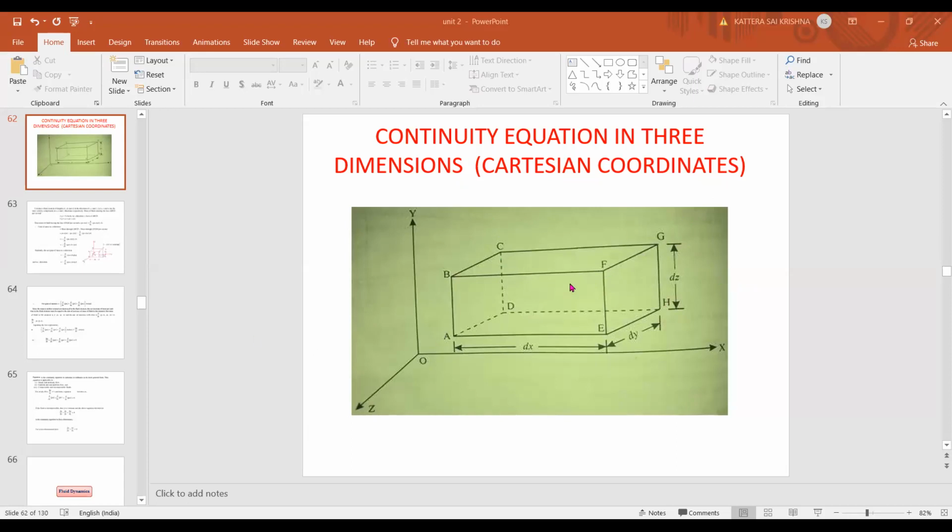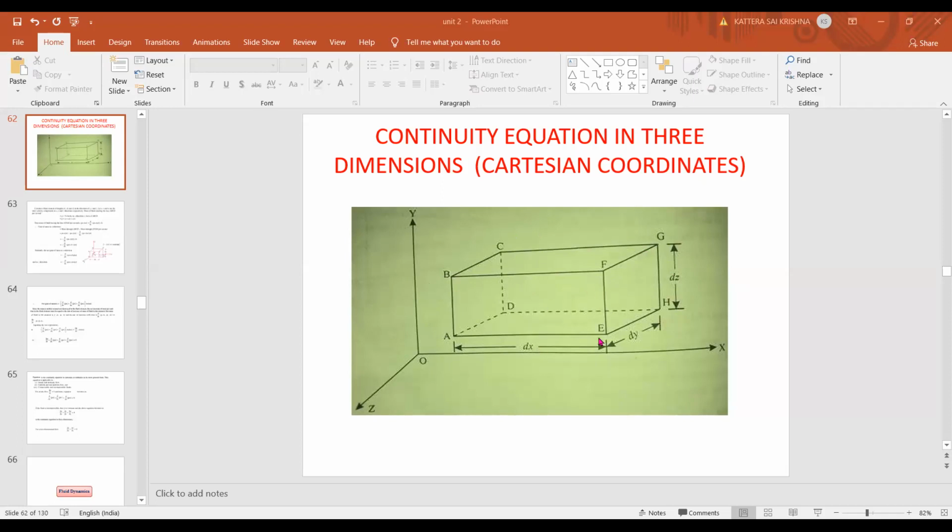Okay. So what we'll do, we'll consider a volume or a small element of fluid like this box. We are going to consider this volume A, B, C, D, E, F, G, H, and let us assume it is a cuboid.